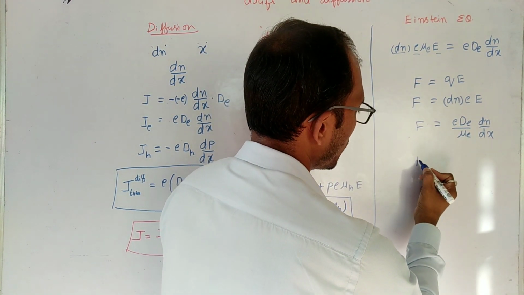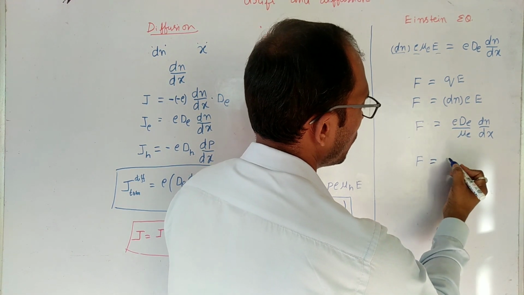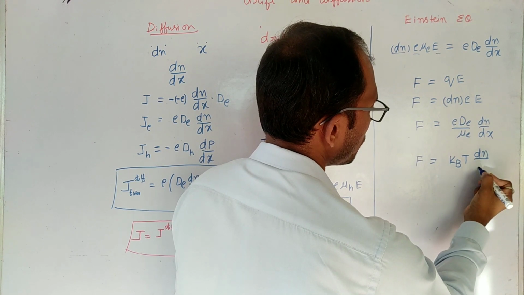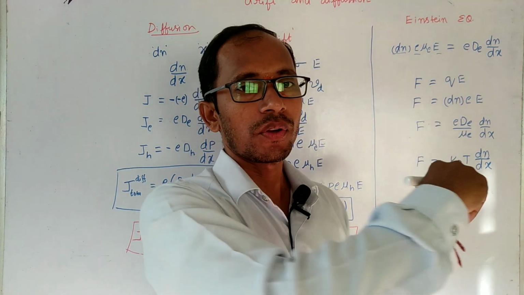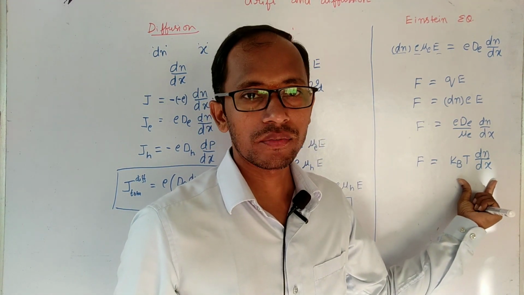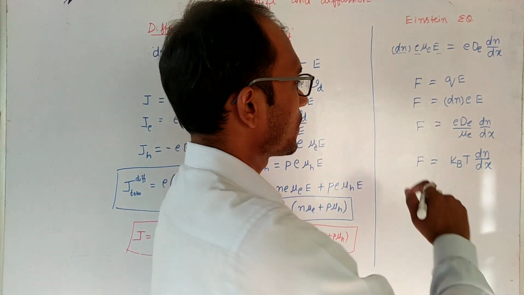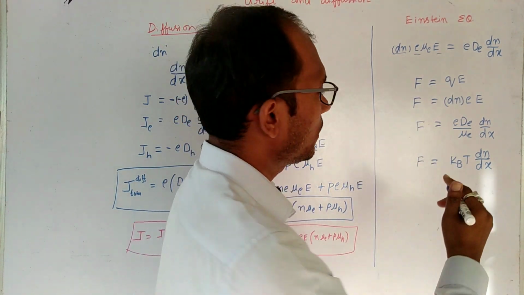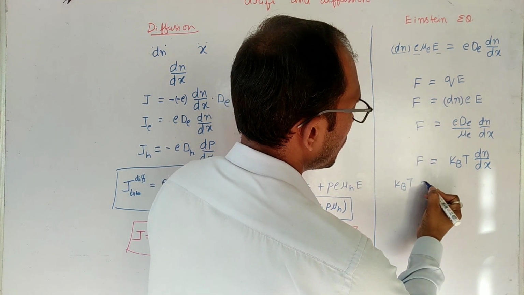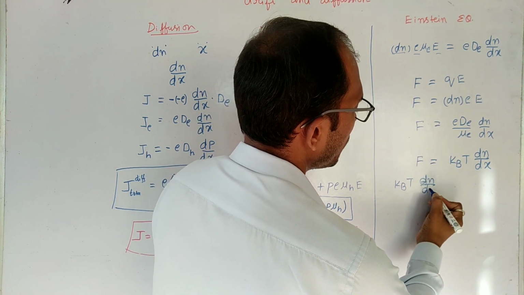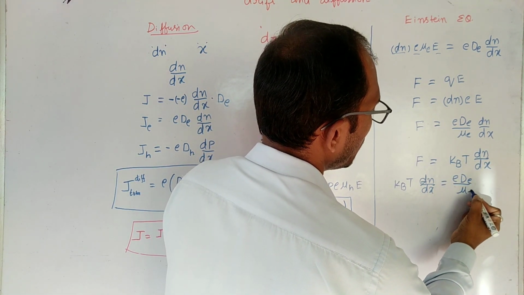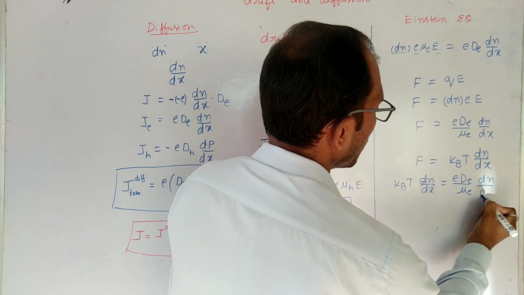According to the kinetic theory of gases, the restoring force F is equal to kBT into the concentration gradient. For gases it is a pressure gradient, but here it is the concentration gradient of the electrons, dn by dx. These two should be identical, so kBT dn by dx is equal to e D_e by mu_e into dn by dx.